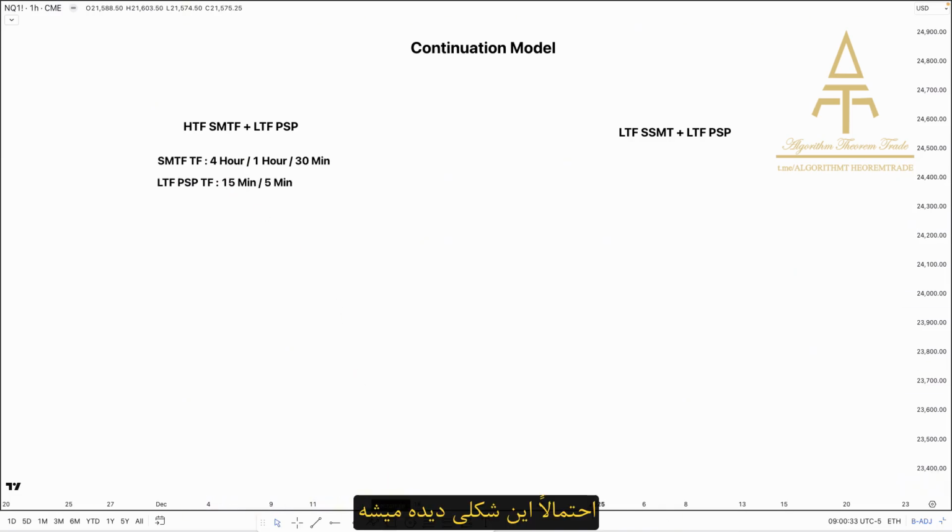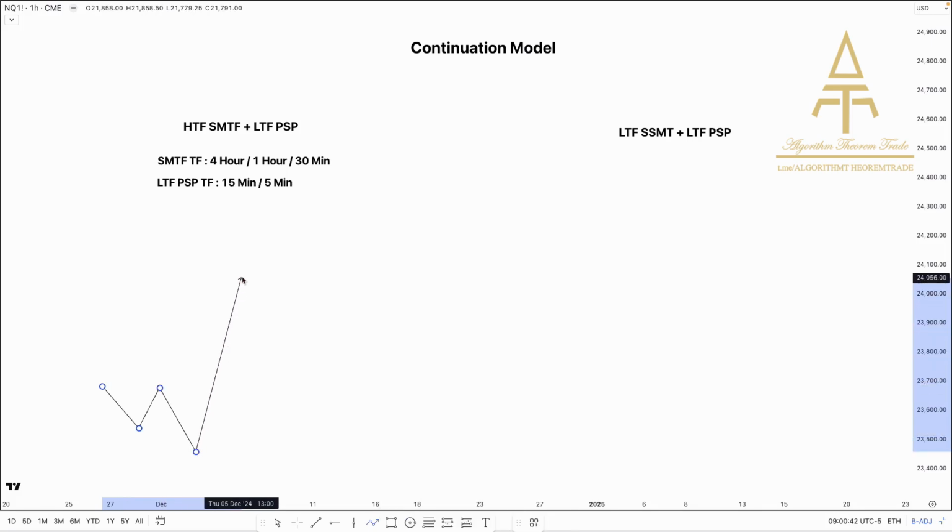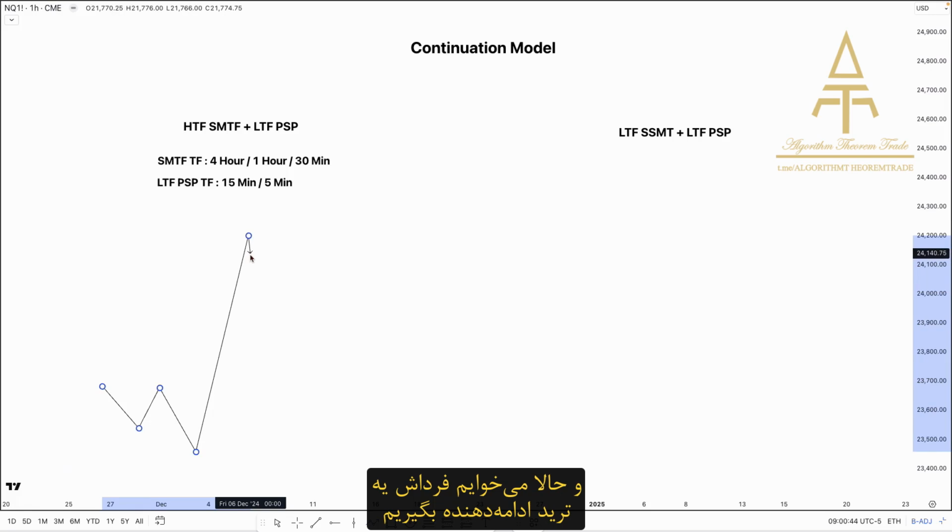What this may look like is this. We have that higher time frame sequential SMT, and we're looking to trade a continuation on the next day.